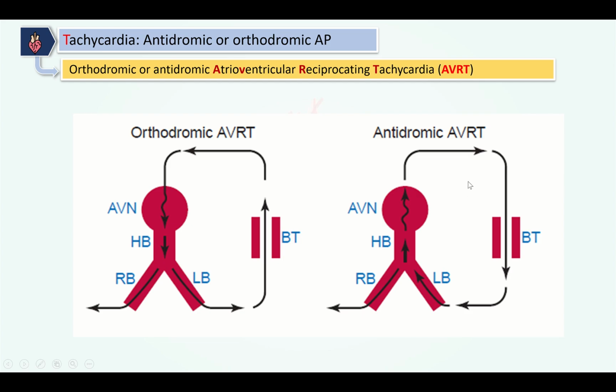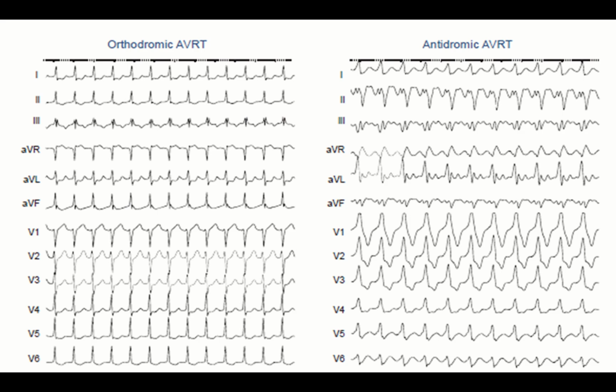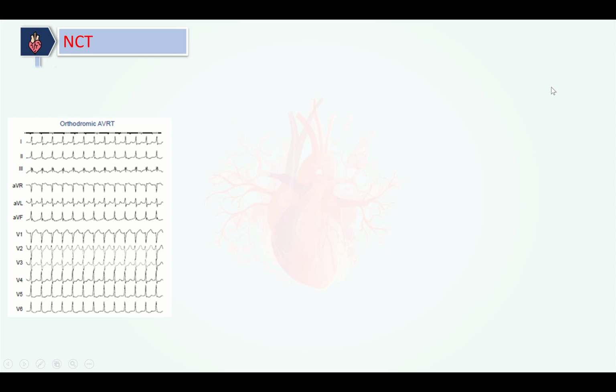Meanwhile, on the right side, it's antidromic tachycardia, in which the impulse will go antegrade to the ventricle through the accessory pathway, retrograde AV node, and it is a wide complex tachycardia. Here we can see the narrow complex tachycardia on the left side, orthodromic tachycardia. Wide complex tachycardia on the right panel is antidromic tachycardia.